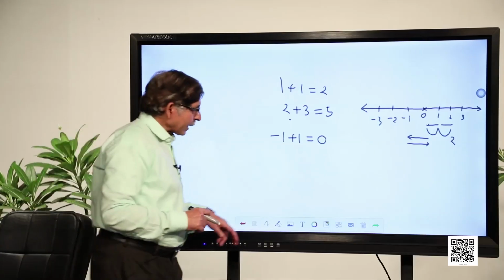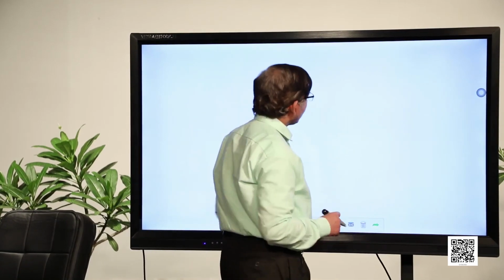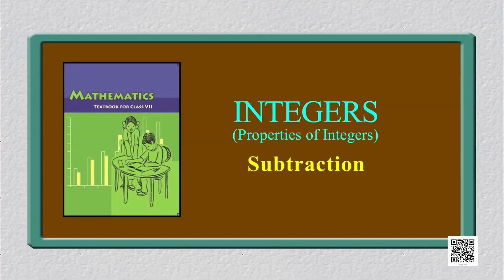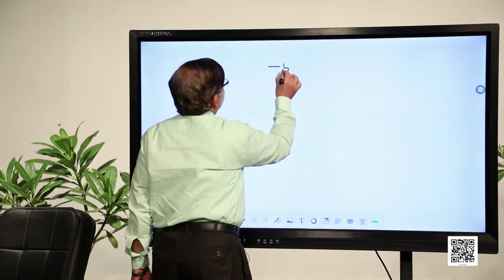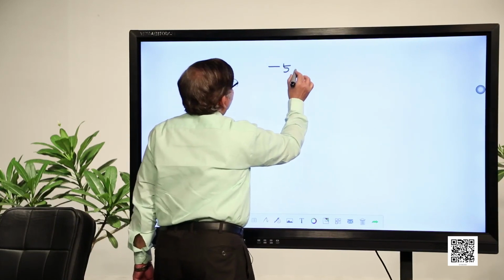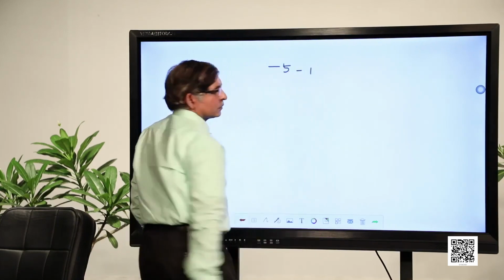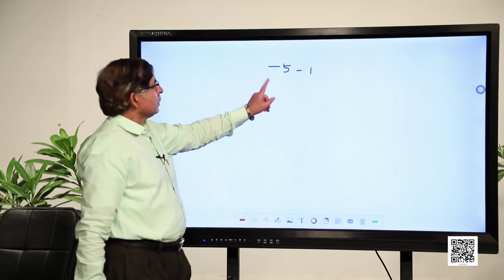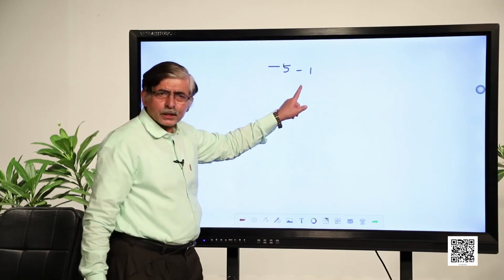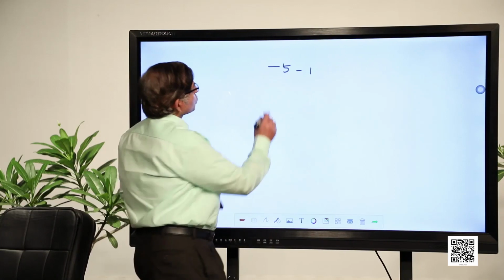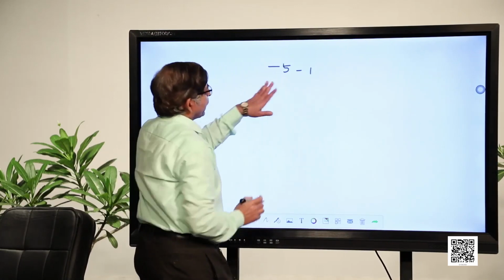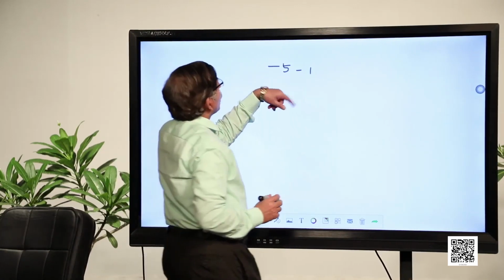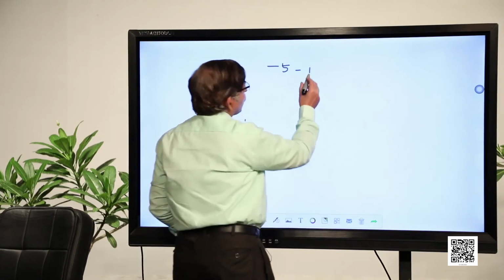Similarly, we can take the case of subtraction, say minus 5 and minus 1. So, that is the number minus 5 and minus 1. So, from a negative number we are subtracting a positive number.